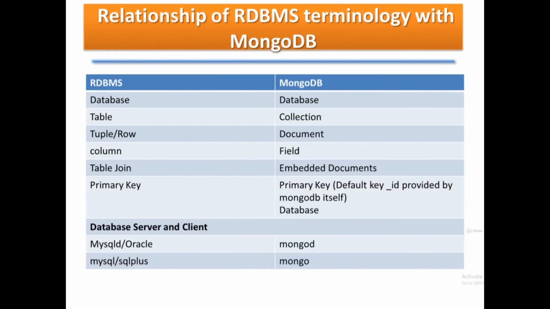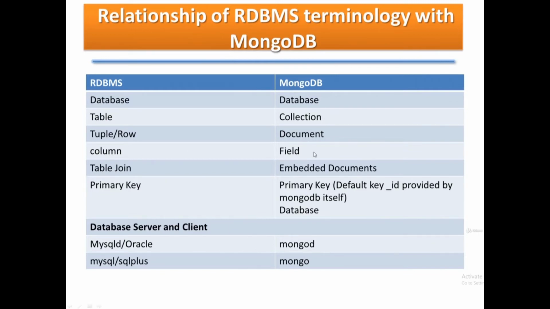Now this given table shows the relationship of RDBMS terminologies with respect to MongoDB. The first one, database, this terminology is the same for both RDBMS and MongoDB. Table in RDBMS is equivalent to collection in MongoDB. Tuple or row is equivalent to document.